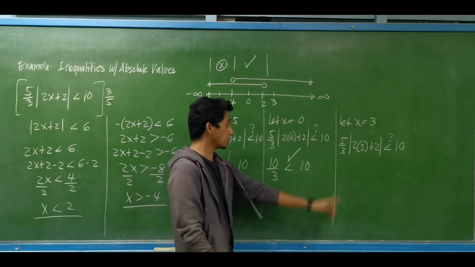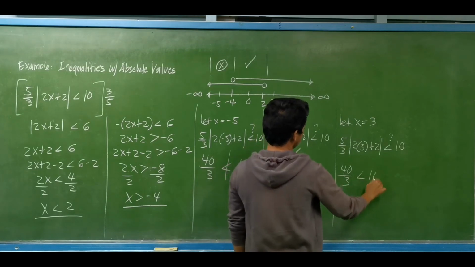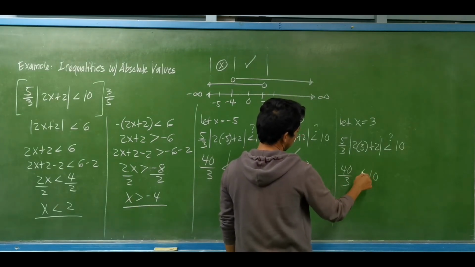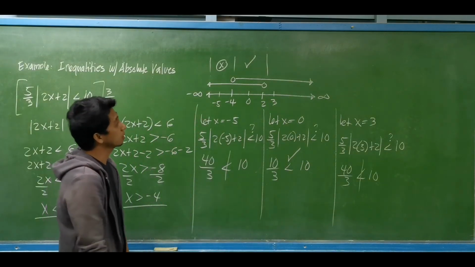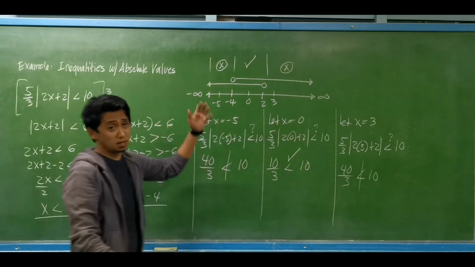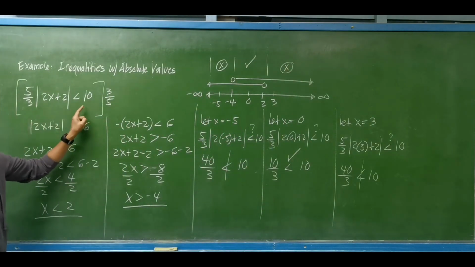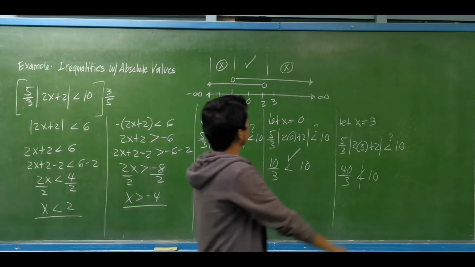Absolute value of 8 is 8, times 5 is 40 over 3. Is it less than 10? Obviously it's not less than 10. So this is also an interval that cannot satisfy the inequality. So therefore, what will be our solution set?